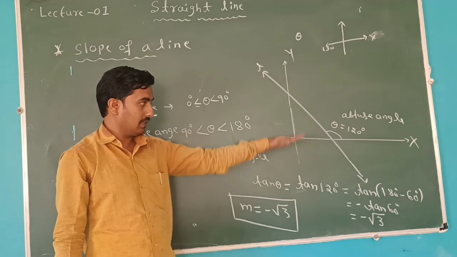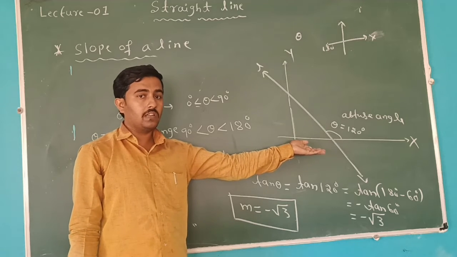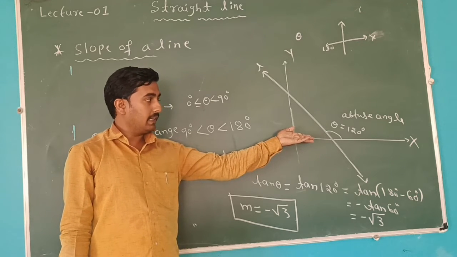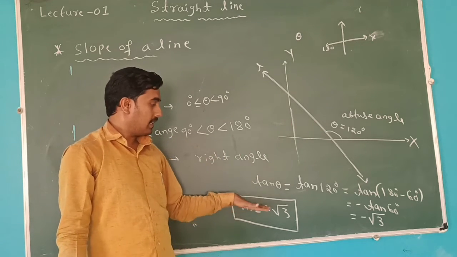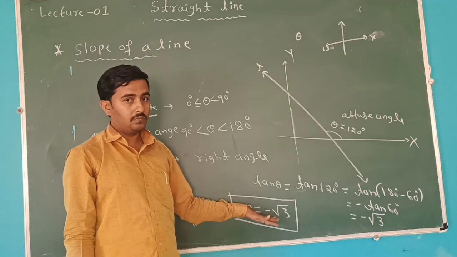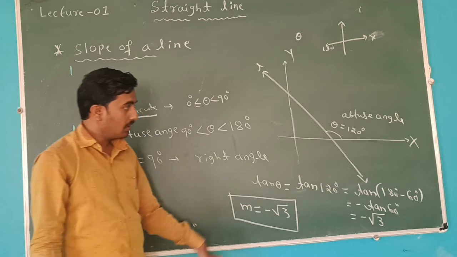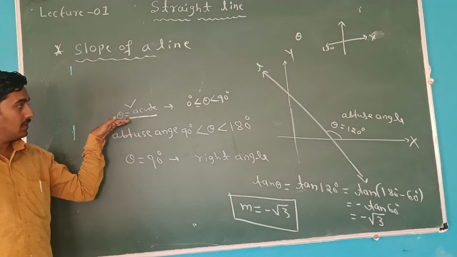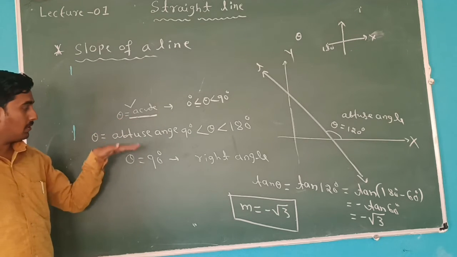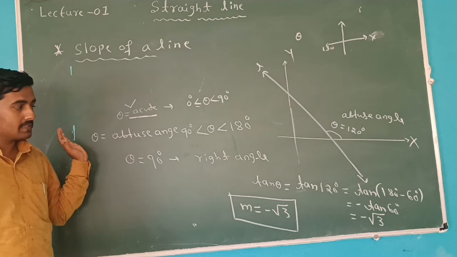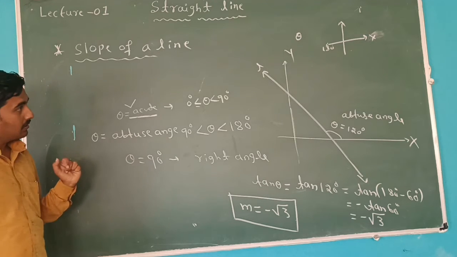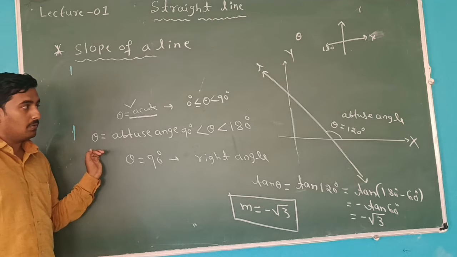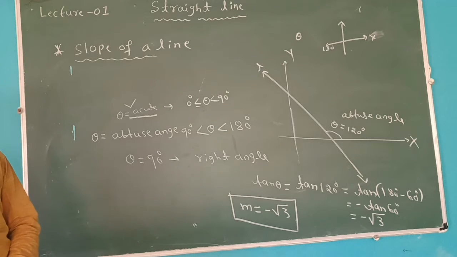This is the example. You can take 170 degrees, 145 degrees, 130 degrees, and the slope is always negative. So this is a very important note. When theta is an acute angle, then the slope is positive, and when theta is an obtuse angle, then the slope is negative. Note this down. We move to the next concept.